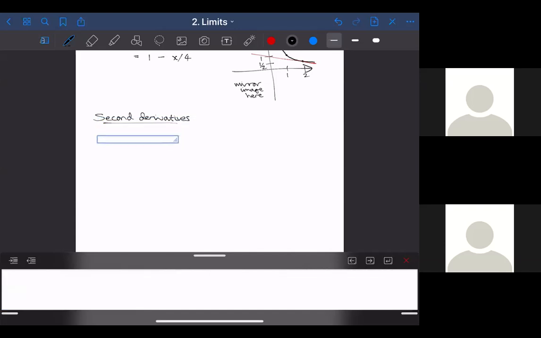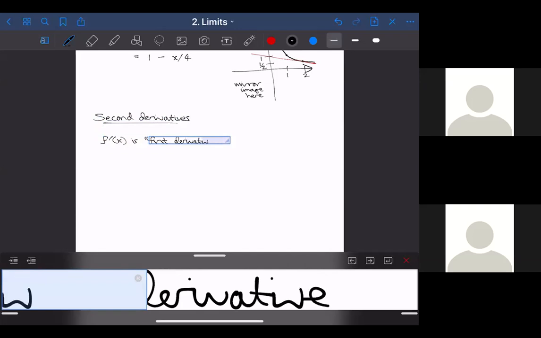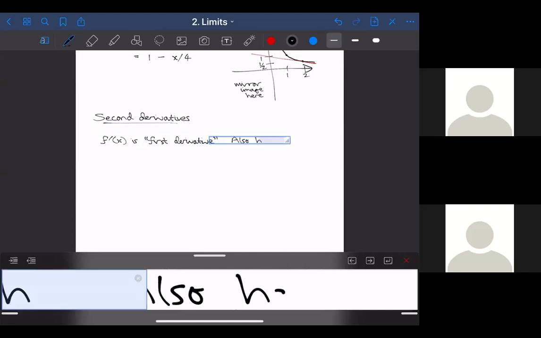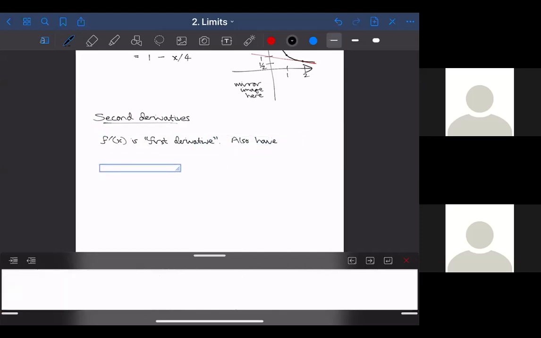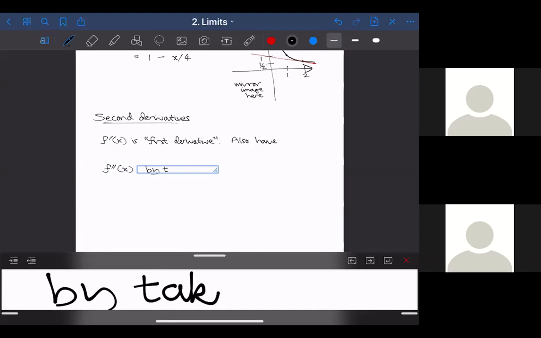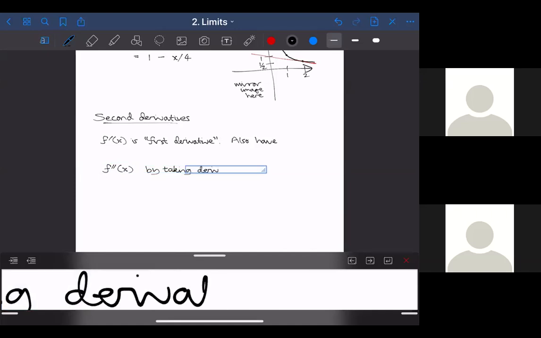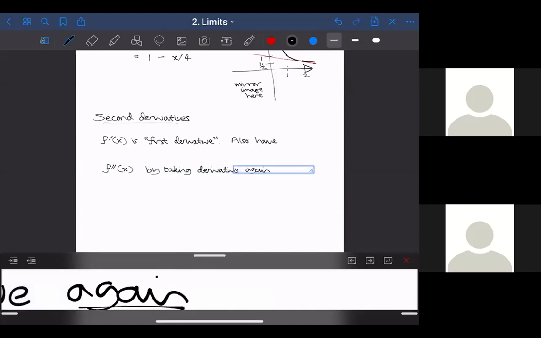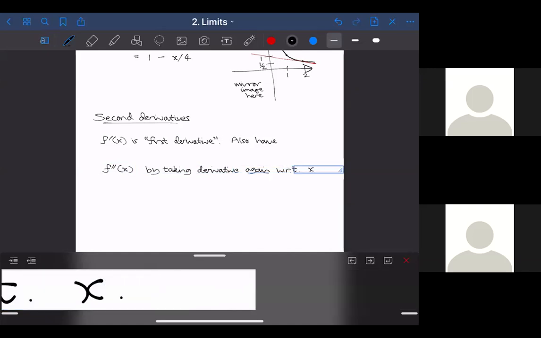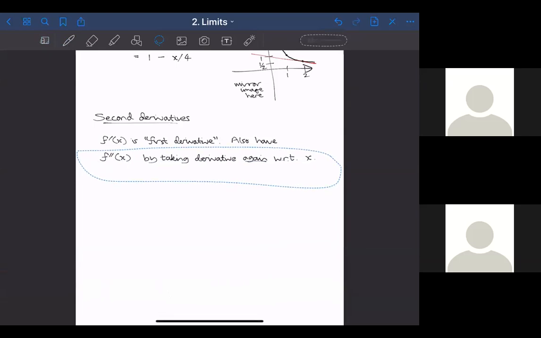Let me write down what I mean. f prime of x is the first derivative, and we also have the second derivative by taking the derivative again with respect to x. So we'll give an example.